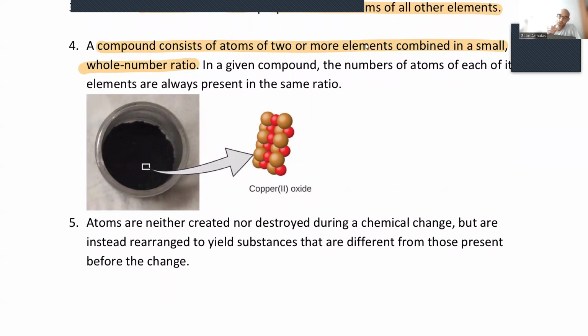So basically what this is saying is water is always two hydrogen and one oxygen. There's no changing that. Water is always the same thing. Doesn't matter where you go or what water you have, it's always going to be the same compound.